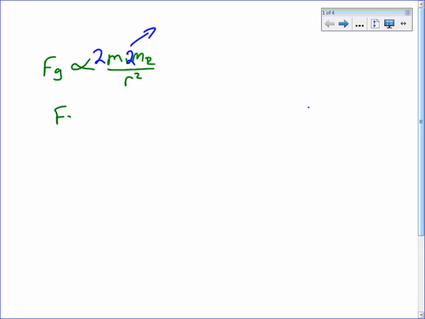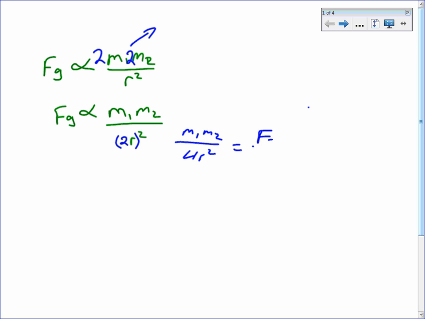So from Fg equals M1 times M2 over r squared, we now get 2r squared, which gives us 4r squared on the bottom, which is going to be 1/4 of the original force of gravity. So that is the proportion.